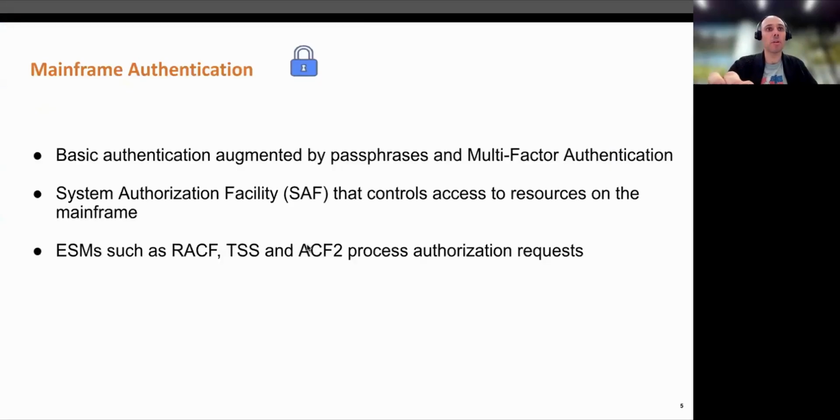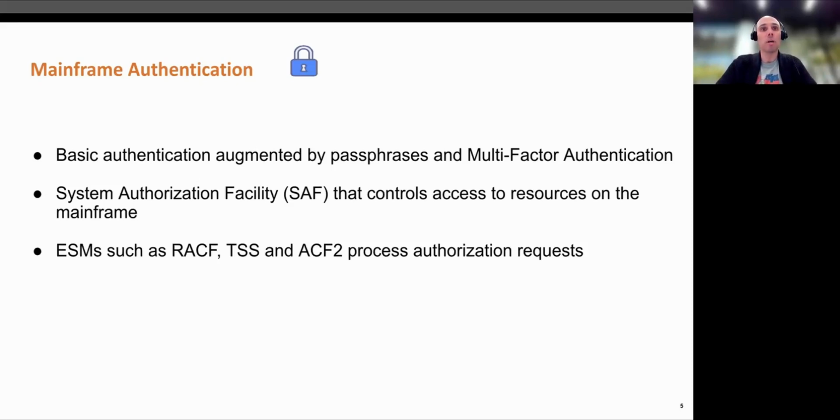Okay, let's go on. A little bit of context before we get into the details. We know that the mainframe has a long established authentication and authorization procedure that continues to provide a high level of security, and that's one of the things that the platform is renowned for. We're seeing that multi-factor authentication, for example, is increasingly a part of security policy.